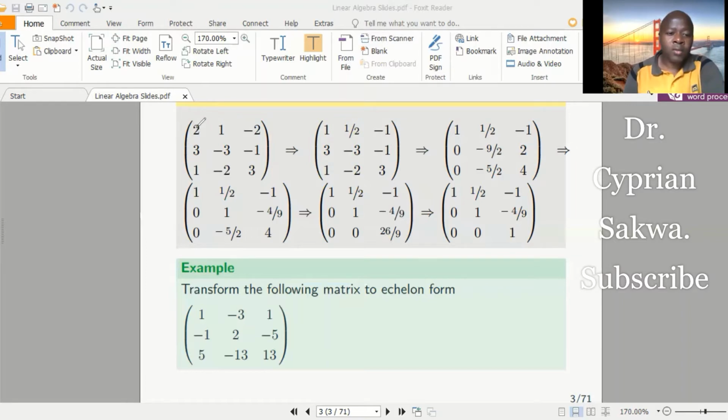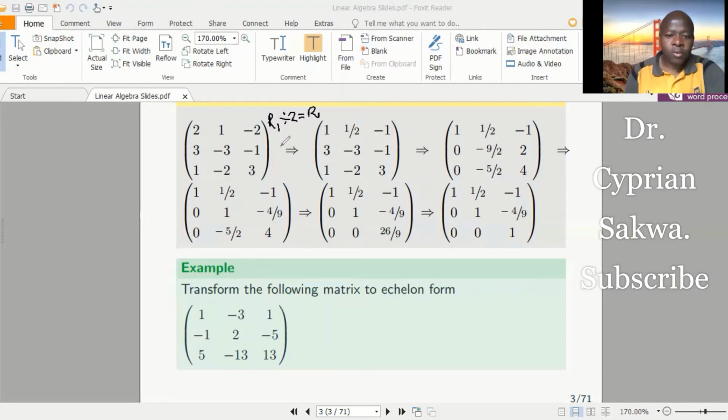To make this a 1, there are two ways. The first way is that you may want to subtract row 3 from row 1. And that is not what I did. Of course, when you subtract row 3 from row 1, you would have a 1 here. But what I did was very easy. I took row 1 and divided by 2 to get the new row 1.